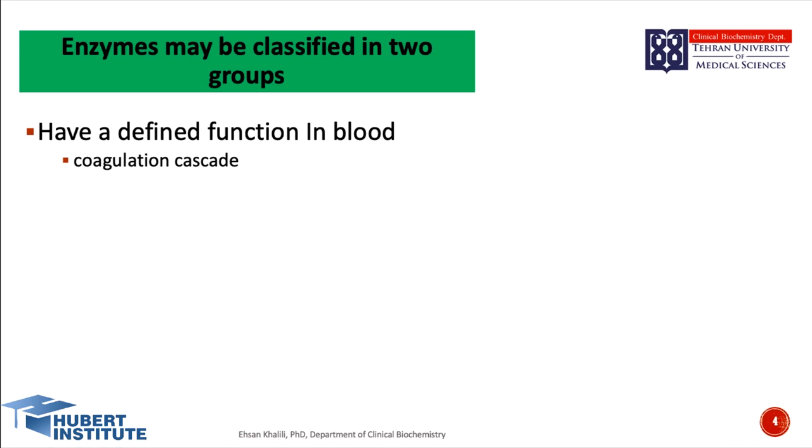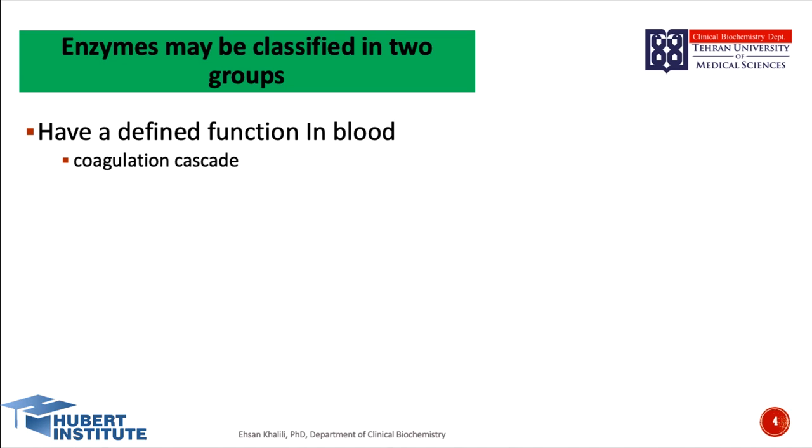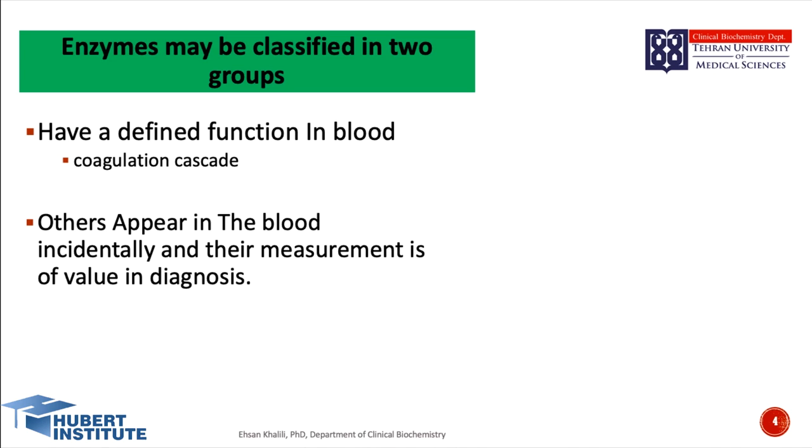The first group is functional enzymes. It means they have a function in blood circulation, they do something, they catalyze some reaction. The most common example for this group of functional enzymes is the coagulating enzymes that are involved in the coagulation cascade.